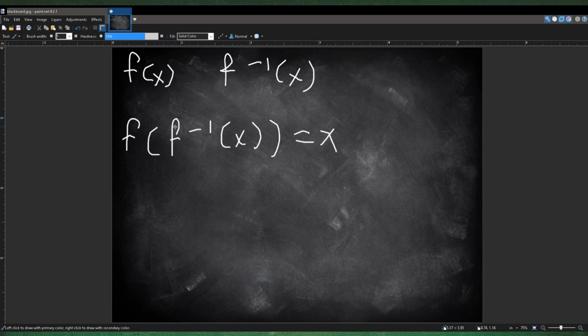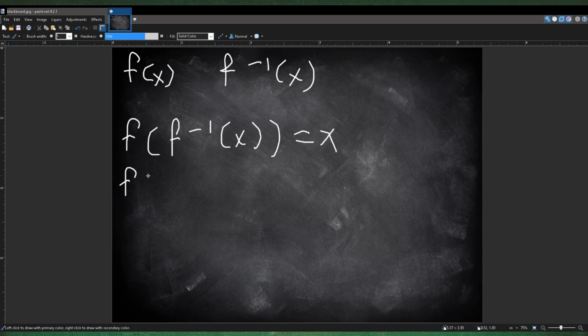That's true, right? Because if you plug in a number and do some operation to it, and then you do the reverse operation to it, you just get the same number again, and that's the idea of what inverses are. So this is true, and the opposite case also works.